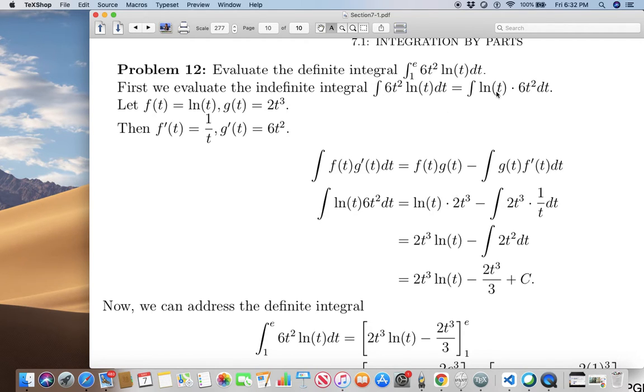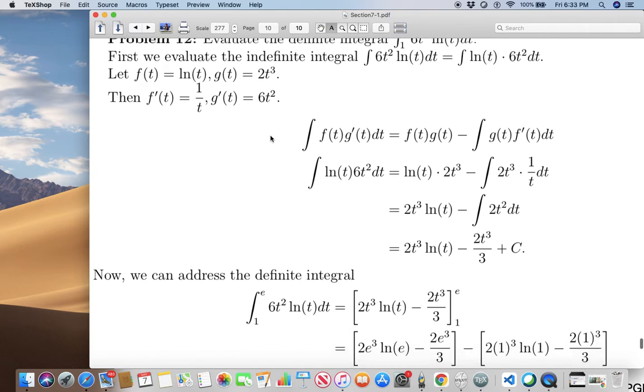Write the natural log of t factor first and then 6t squared next. Why do you do that? Because it's easier to find the antiderivative of the second factor. f is the first factor, g is the antiderivative of the second factor, which is 2t cubed. f prime is 1 over t, g prime is 6t squared.